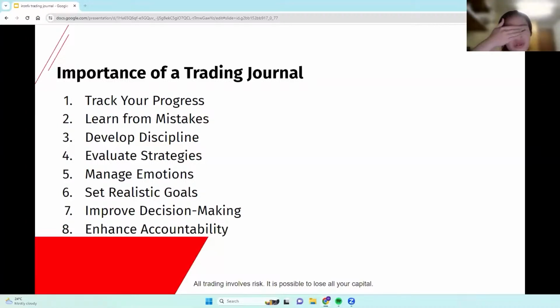So this also helps you to set realistic goals and track your goals so that you can stay focused and motivated. Improve decision making. We kind of talked about this already.